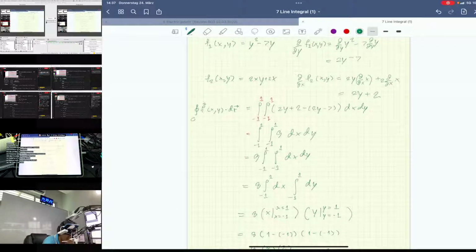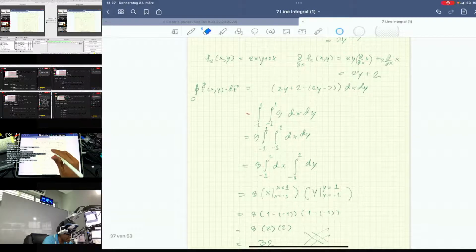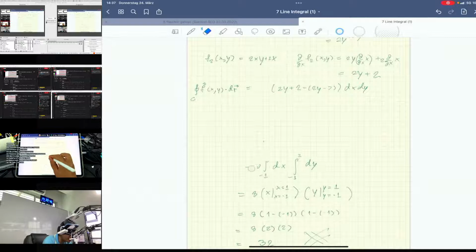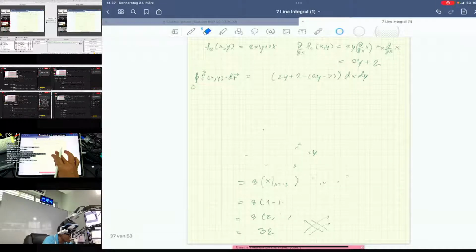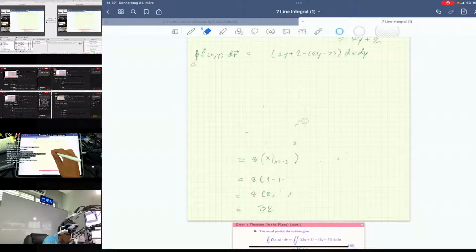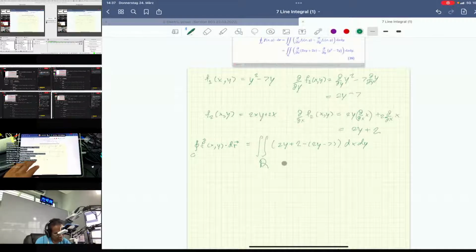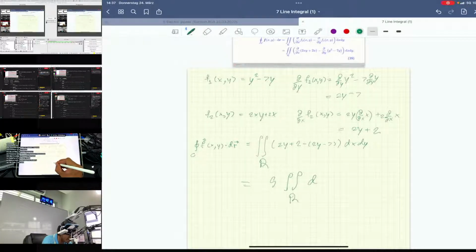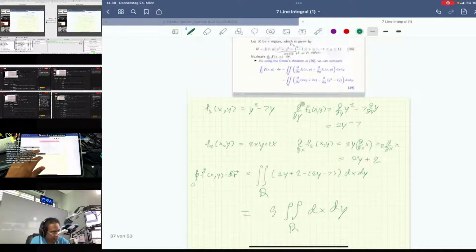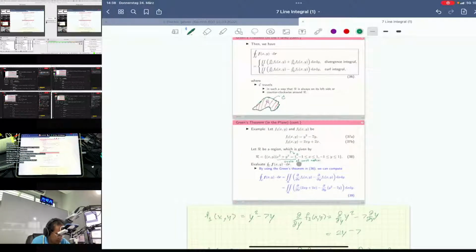It's integration over the region R, and here you have 9 times the integration over the region R of dx dy, and of course the region R is the circle, right? Circle of radius 1.